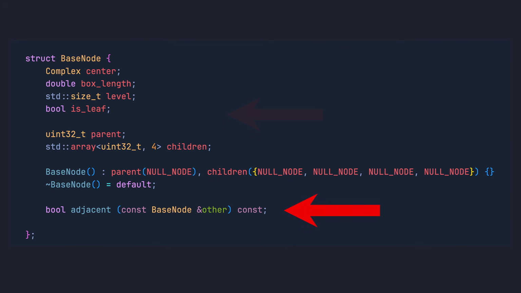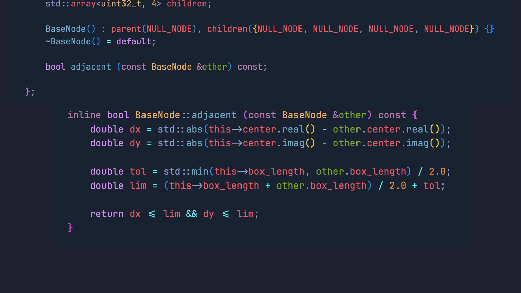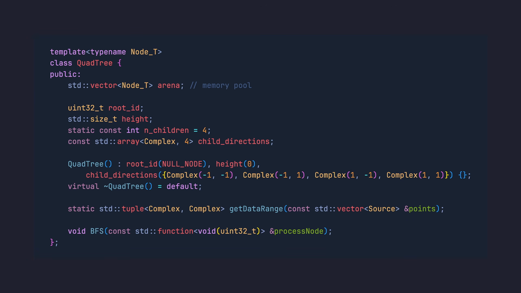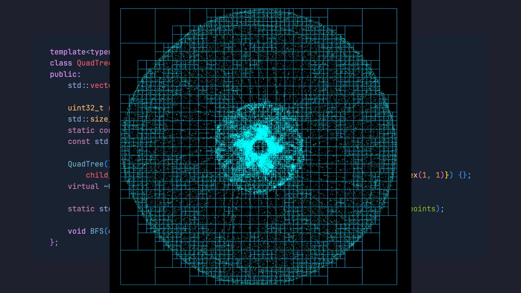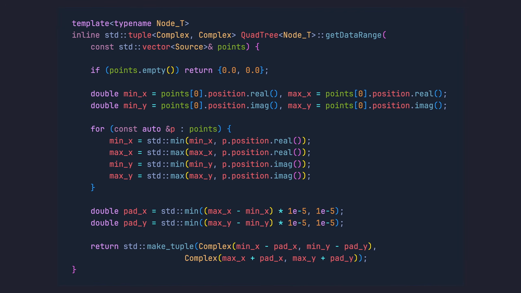Lastly, we have a function to tell us whether two boxes are touching, which will be used in generating our interaction lists. Before we get to that, we should define the rest of our base quadtree class. Apart from the memory pool, we have some basic stuff like the height and this helper array to move towards our child nodes. To calculate how big our initial node needs to be, we need to know the range that our particles spread over, so here's a function for that.